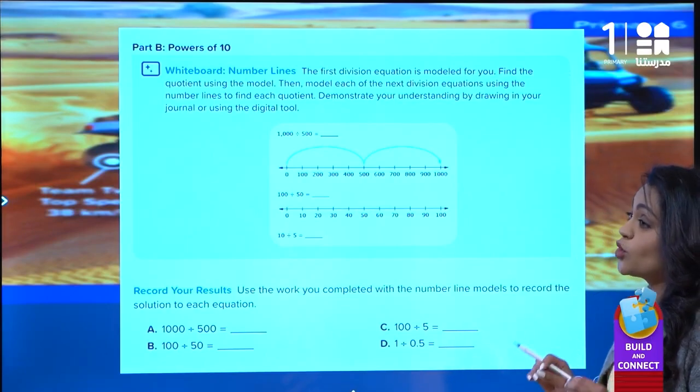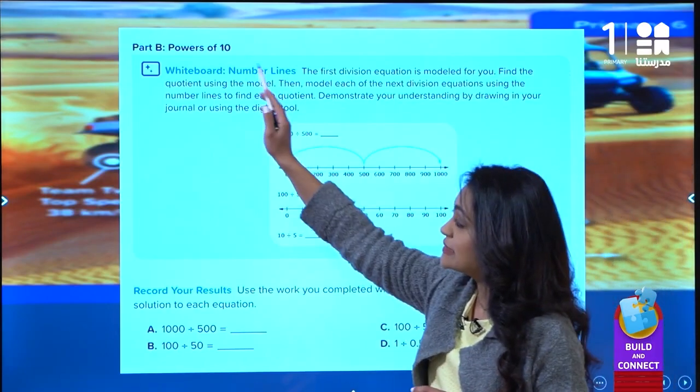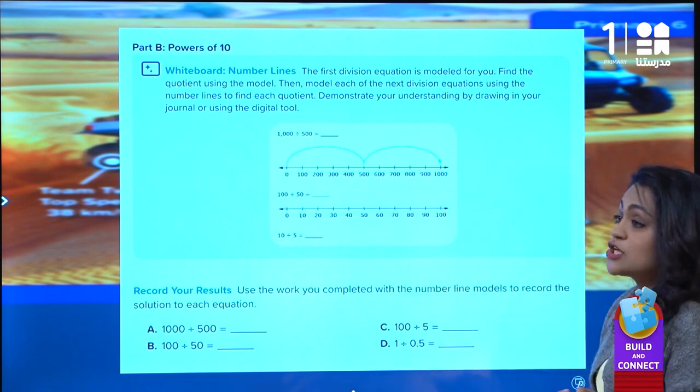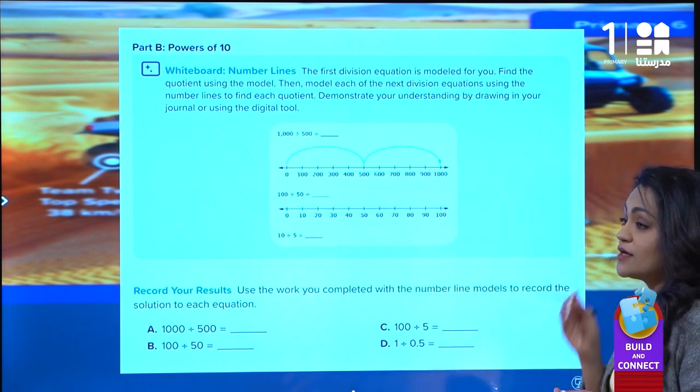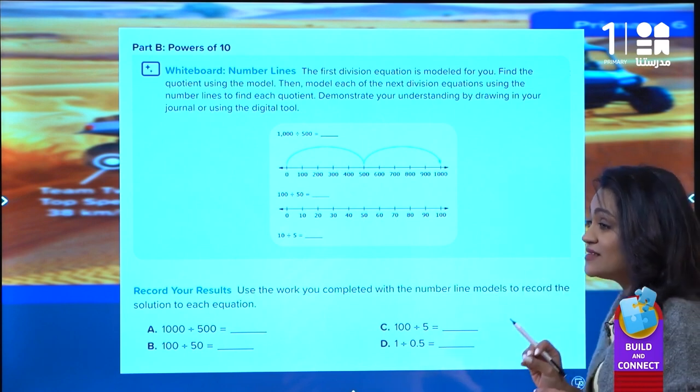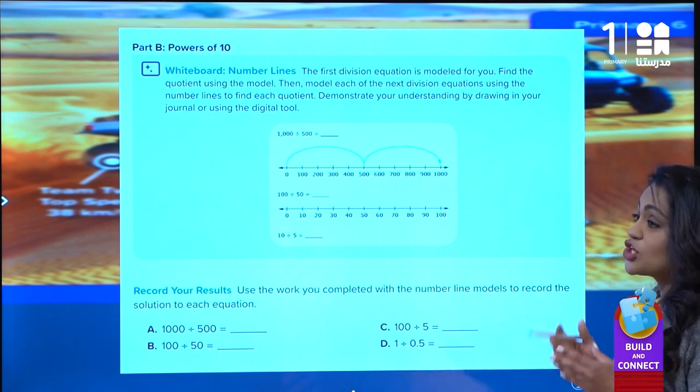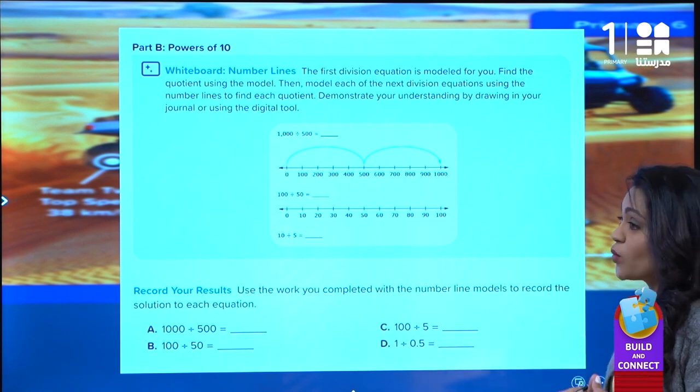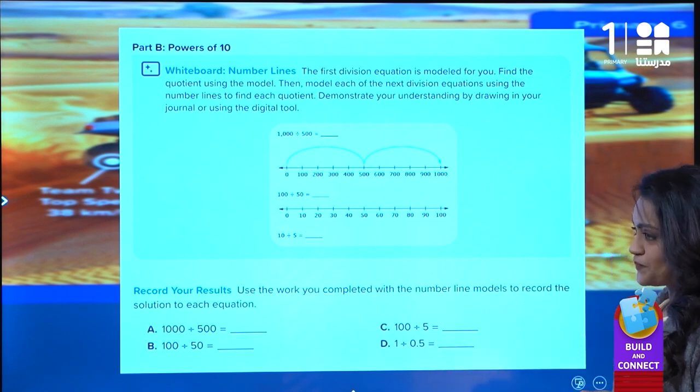Let's start here with powers of 10. We are required to solve the written division equations and record our observations on the equation and the solution.